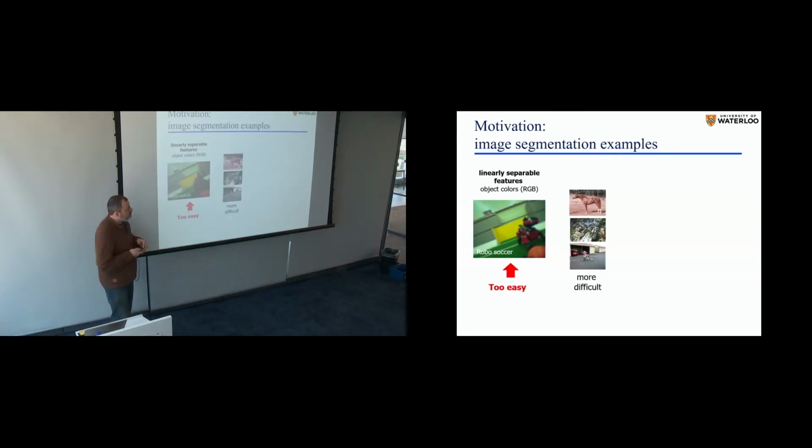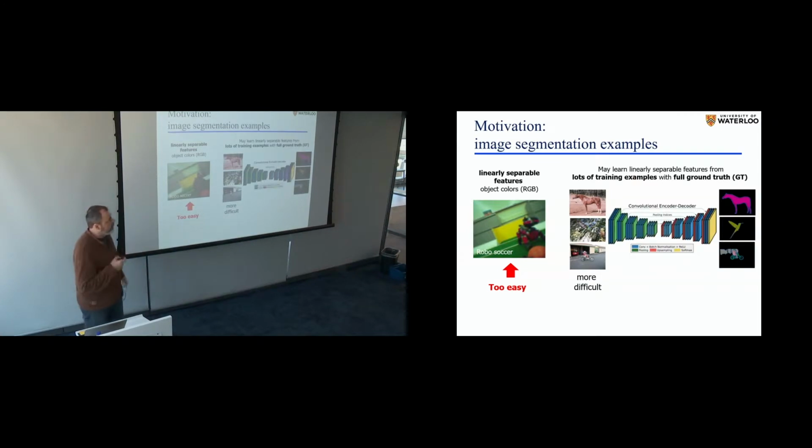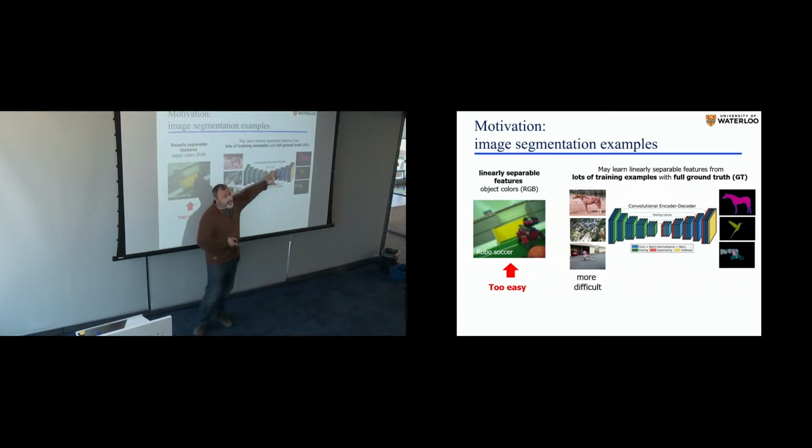Of course it's very far from general images, where objects may have fairly complicated appearances that are hard to separate linearly. But this is where, let's say you have all these deep learning things, and if you have fully labeled ground truth, nowadays you can learn features. The network will learn some embedding with features which linearly separate the objects.